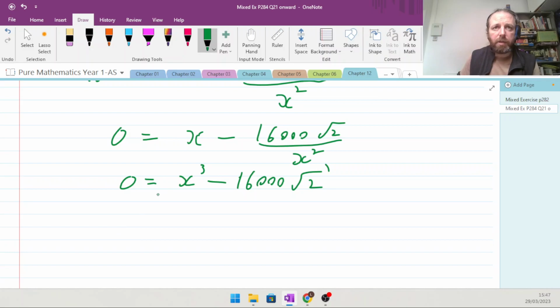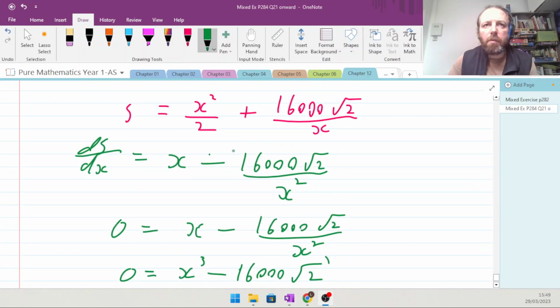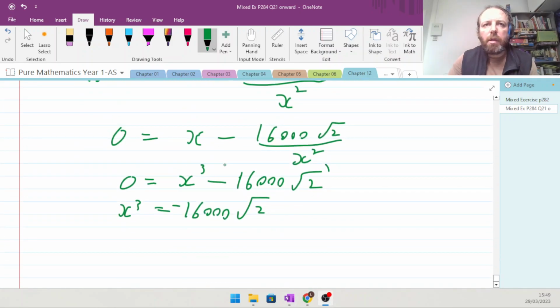And that means we can say that x cubed is equal to 16,000 root 2. So we're going to have a minus number. Okay, so that gives us a minus, that gives us a plus.